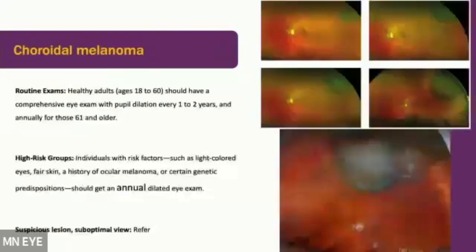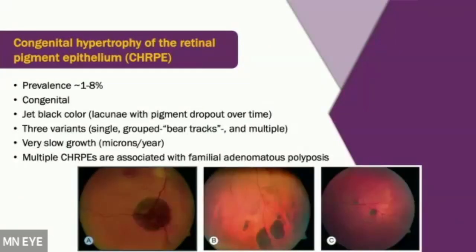Unless, there's a type of CHRPE that are grouped, a couple of them next to each other, almost like a bear track. That's why they call it the bear track sign. As part of Gardner syndrome, they can have GI tumors. And we have had these patients.